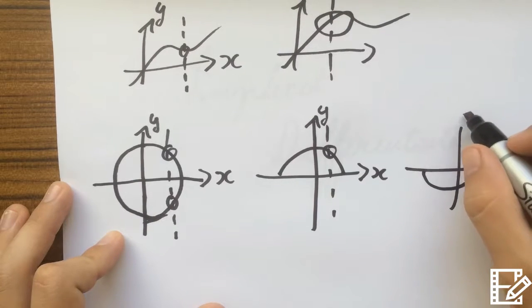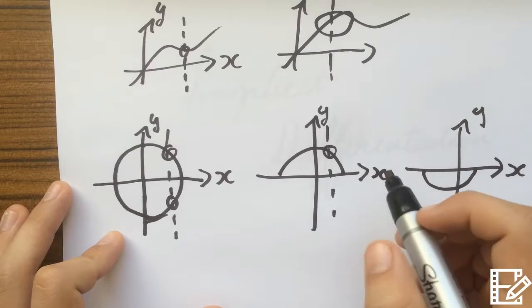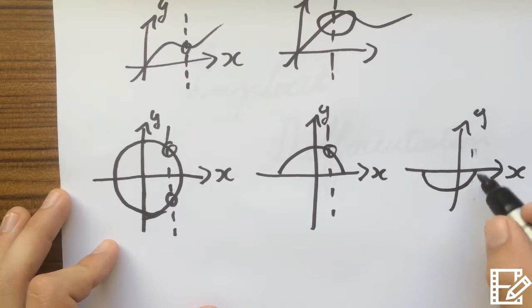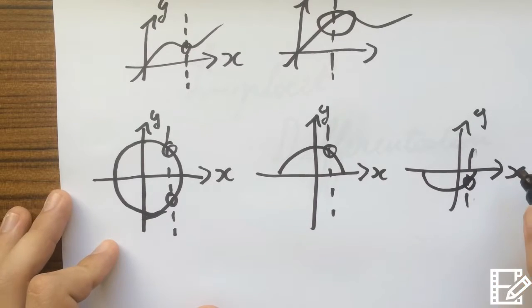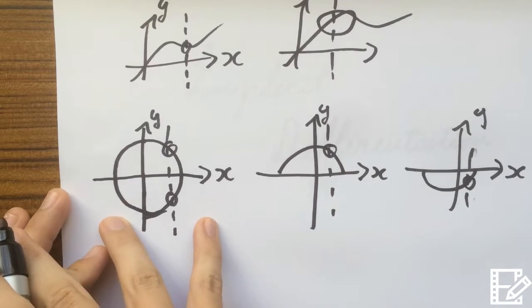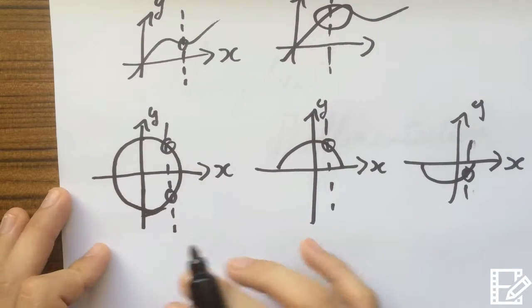You can do it for the top and the bottom. That's fine, because you get the values. But that takes too much time. You could just use implicit differentiation, and you could get this all together.